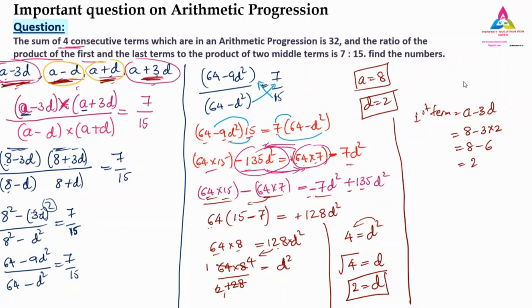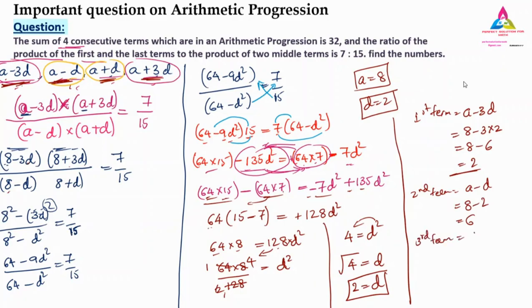The first term we found is 2. The second term we have to find, that is the one I have taken as a minus d. The a value is 8 minus 2, that is nothing but 6, the second term.